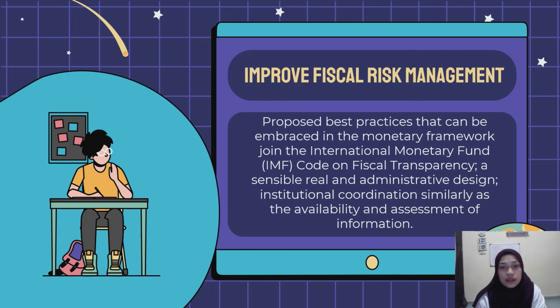Next, our suggestion is to improve fiscal risk management. Proposed best practices can be embraced in the fiscal framework, such as the IMF Code on Fiscal Transparency, a sensible legal and administrative design, institutional coordination, as well as the availability and assessment of information.